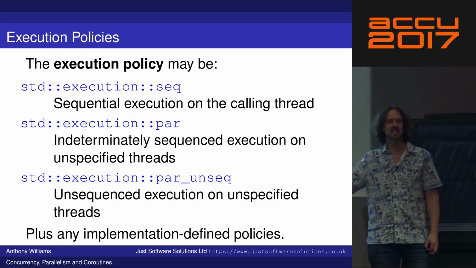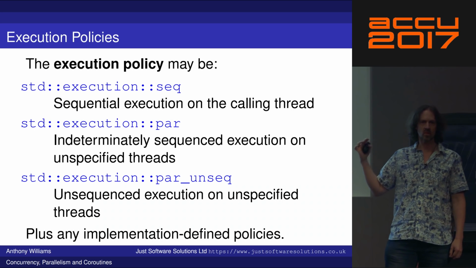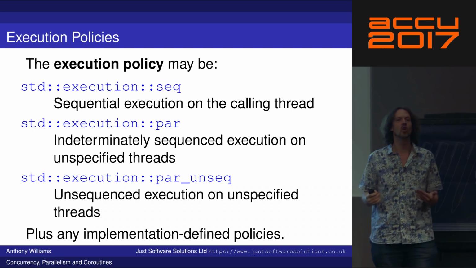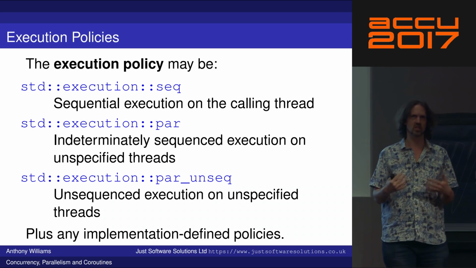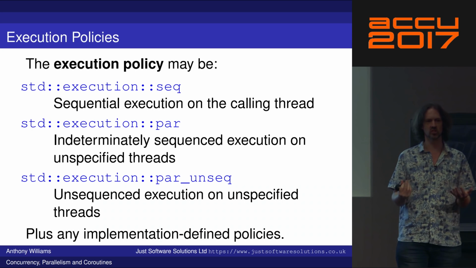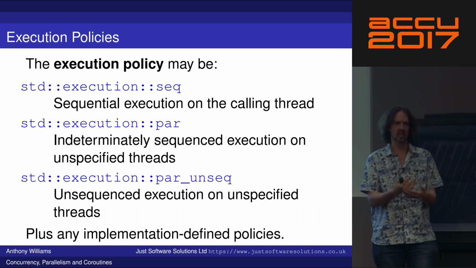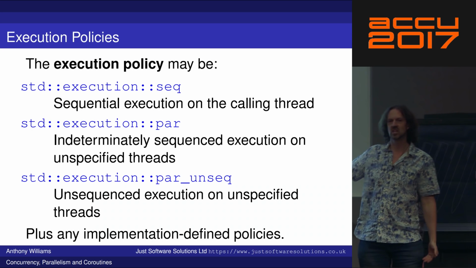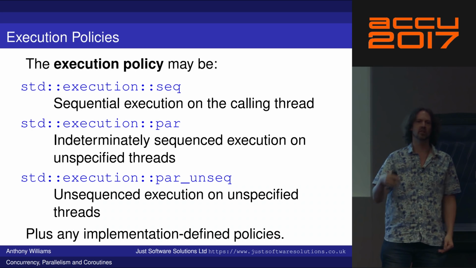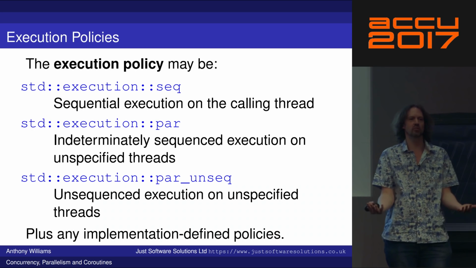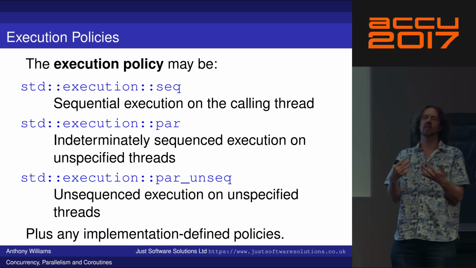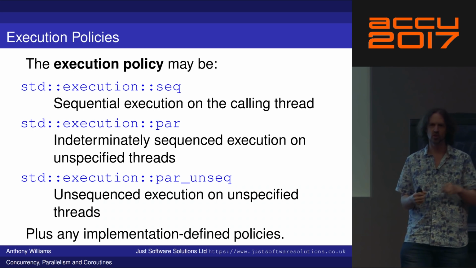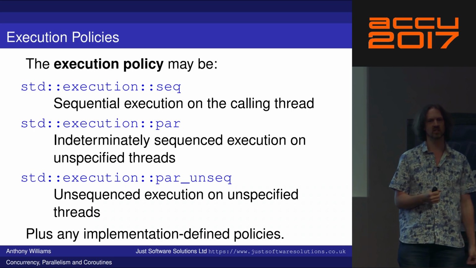So if you're doing a very simple thing, say incrementing integers or adding some integers, which you could write using the SIMD extensions if you were writing it yourself as a loop, then using the par_unseq execution policy says to the compiler and the library that you can vectorize things. But it's a very, very lax execution policy.